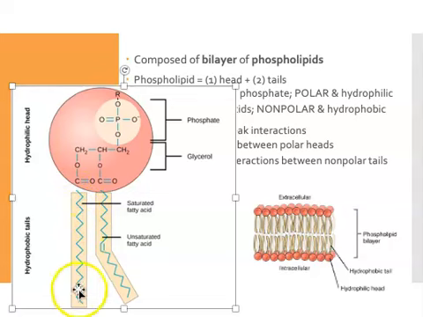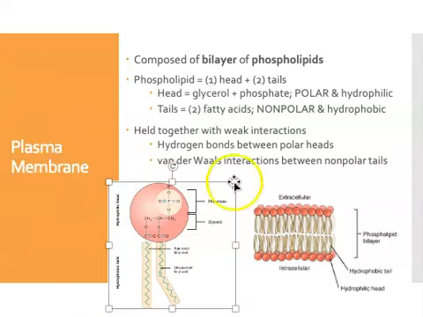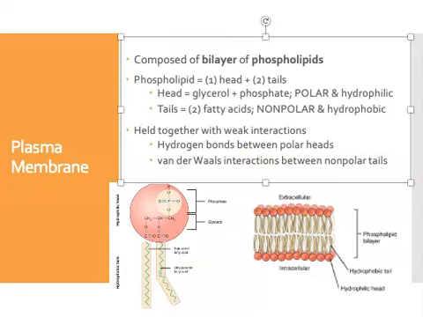So the hydrocarbon and the carboxyl group together create what we call a fatty acid. So the tails are made out of fatty acids, two of them. Fatty acids, because they contain so much carbon and hydrogen, are nonpolar and therefore hydrophobic.